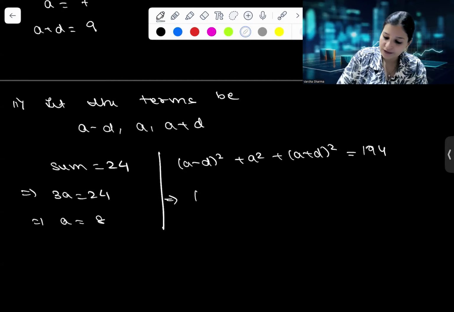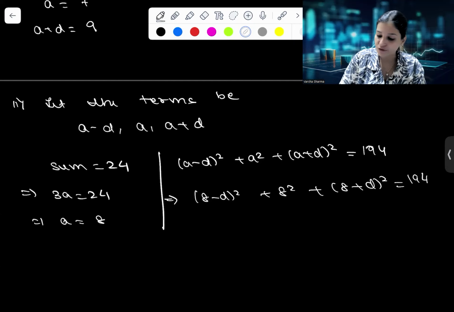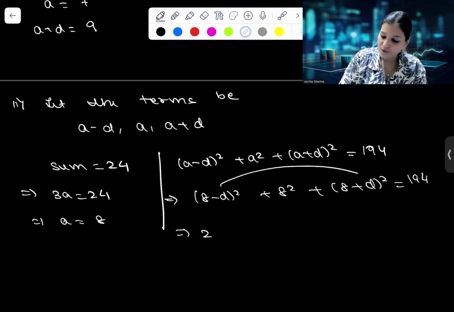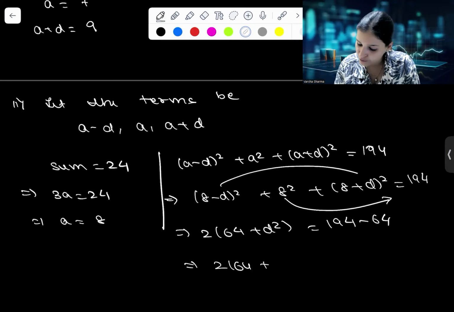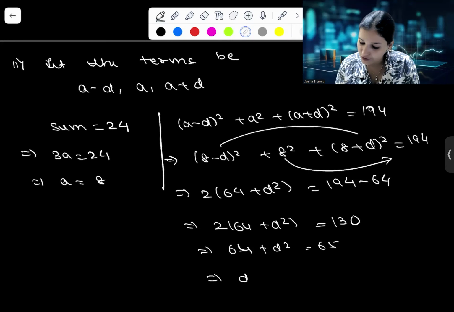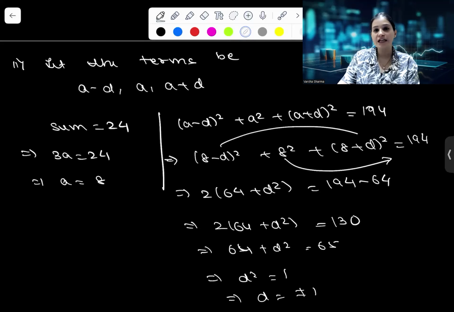Let's put A equal to 8: 8 minus D whole square, 8 square, 8 plus D whole square, equals 194. These two give twice of 64 plus D square, 8 square goes there, equals 194. Twice of 64 plus D square is 130. 64 plus D square is 65. D square is 1. So D would be plus minus 1. Yes?